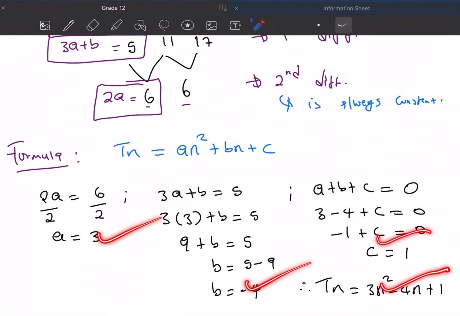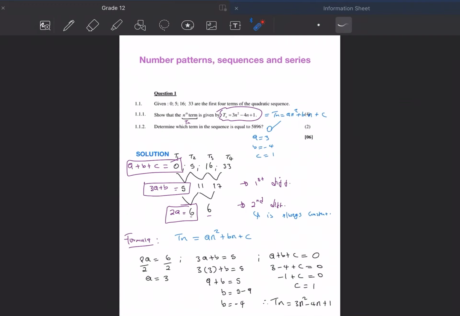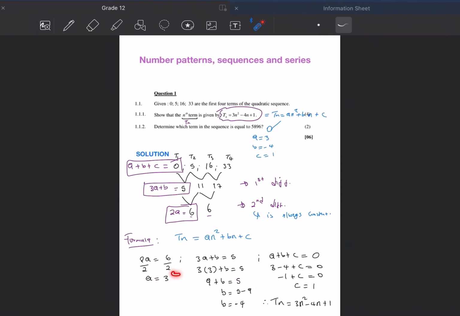These are your marks. So does this mean this is not important? This is important. This helps you to be able to get this. So do this first, and then you can derive a, b, and c from this.